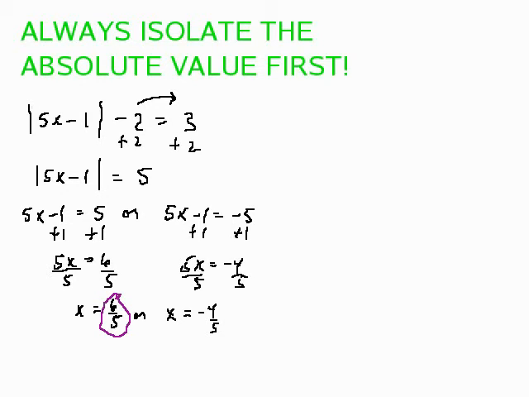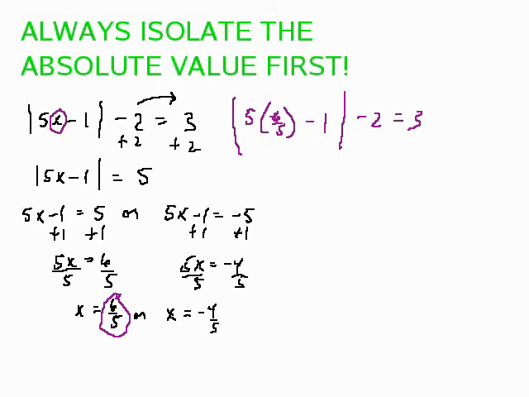So we're going to take this 6/5 in color and plug it back in up here. We're going to take 5 times 6/5, minus 1, and this is all inside the absolute value here, and then subtract 2. Will that give us 3? We will see in a second.